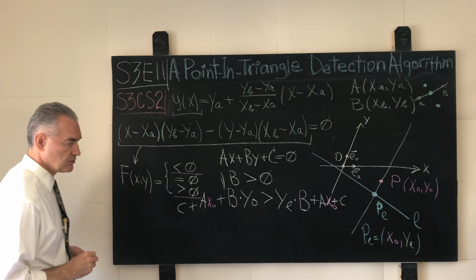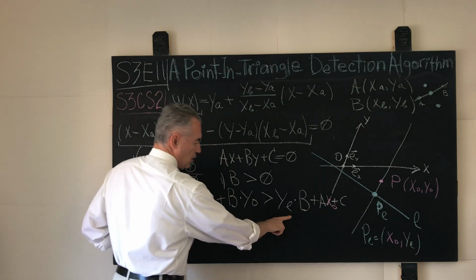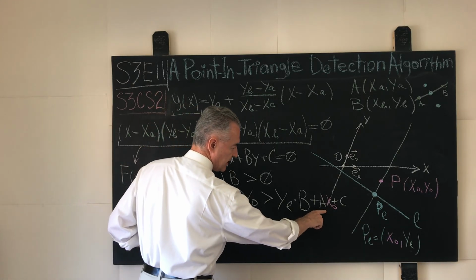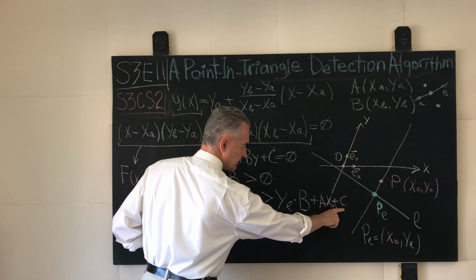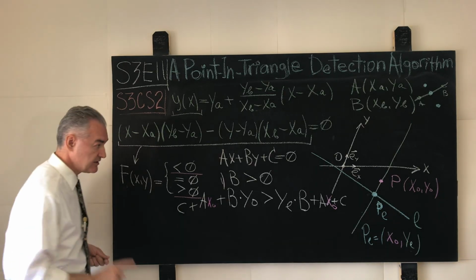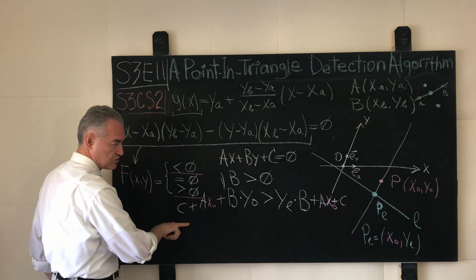You see what is going on? YL times b plus a x0 plus c is less, in this case, than the expression shown over here.